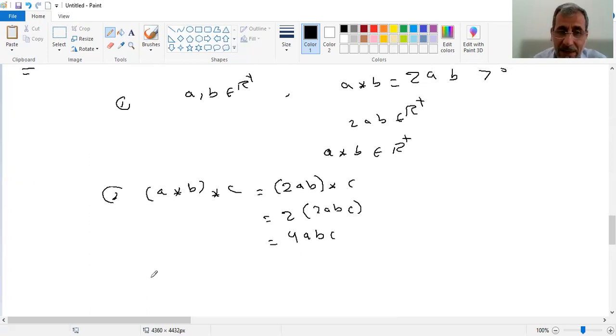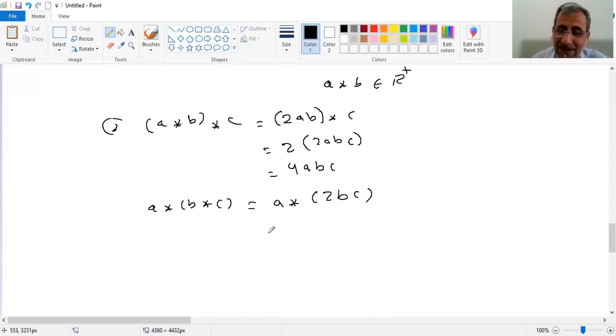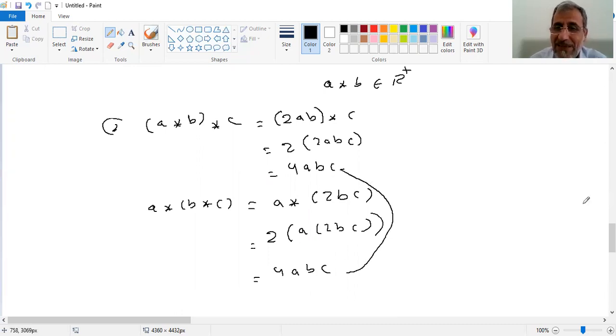The other side: a star (b star c) equals a star 2bc. Now a star 2bc equals 2 times a multiplied by 2bc, and 2 by 2 is 4, so 4abc, which is equal to the left side. That means (a star b) star c equals a star (b star c). So the associativity property is also satisfied.